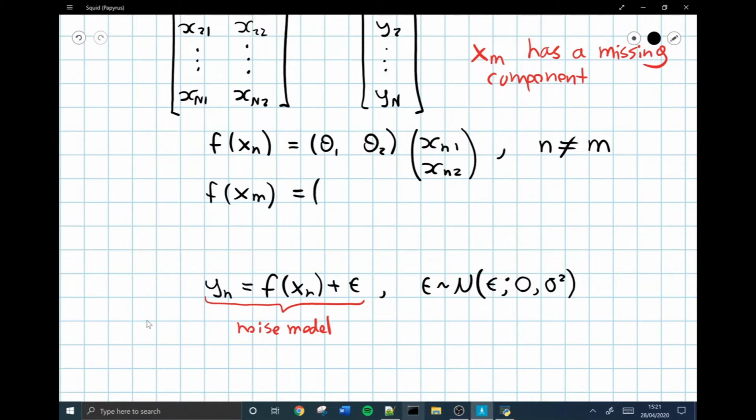this is really equal to theta1 and theta2 times, let's say we just have an xm, and also we have a single missing component, and I'll just call that zm. And to keep the notation simple, rather than putting x in brackets here, we'll just call this fn and fm.